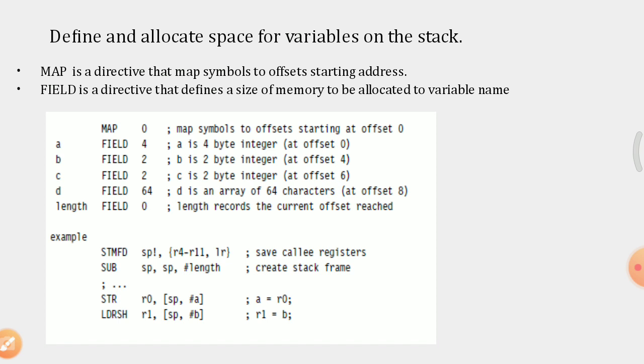So the variable name is a, and the size of memory allocated to the variable is 4. This is done by the FIELD directive. So we can go through these two directives so that we can create more variables, and these variables can be used in any of the subroutine programs according to the application.